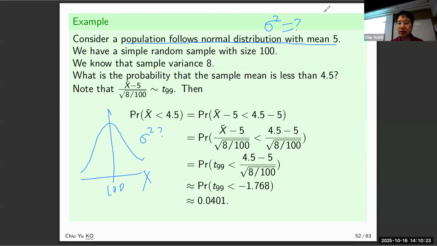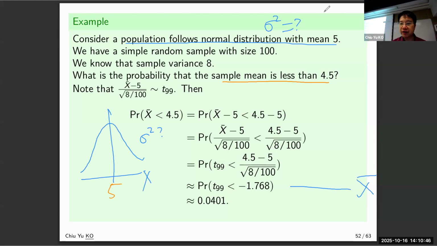The question we want to ask is: if we collect data from here and calculate the sample mean, how likely is it that... Sorry, it's not 5. The sample mean is 5. How likely is that it is less than 4.5?